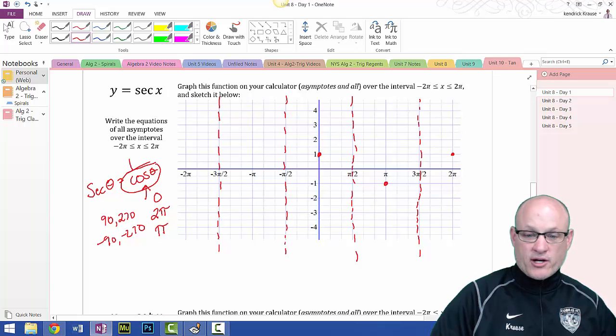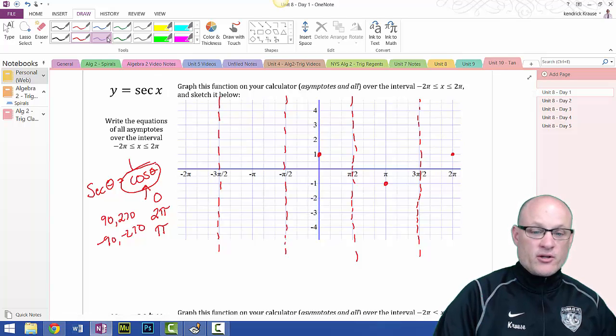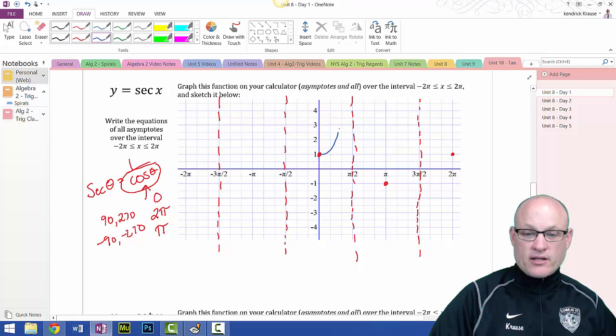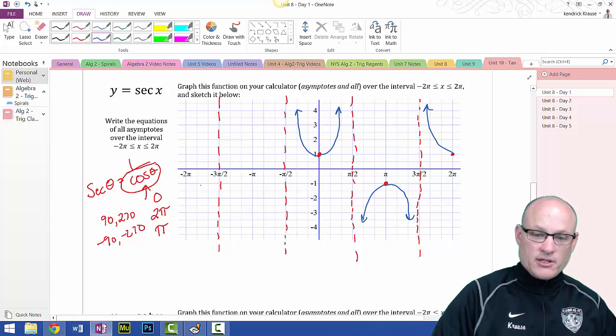And the secant curve, let me change colors, the secant curve rides on the bellies or on the backs of the cosine curve. And don't cross the asymptotes. And over here, it would ride up. And let's see, this one, at pi, it's negative 1, and we'll go down. And at 2 pi, or negative 2 pi, it's positive 1, and we're going up.